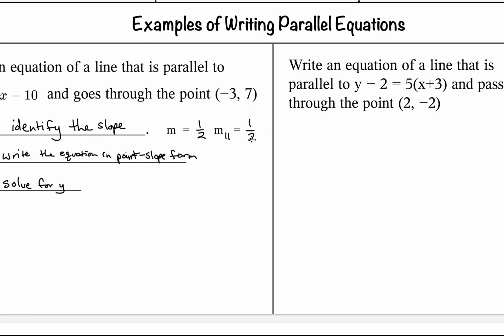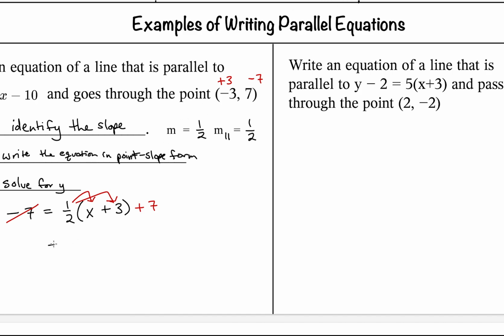We've identified the slope, so all we have to do is write down the equation, going back to our point. We're going to change these values: y minus 7 equals 1/2 of x plus 3. We're then going to solve for y. We move the minus 7 over to the right, make it plus 7. Distribute 1/2.